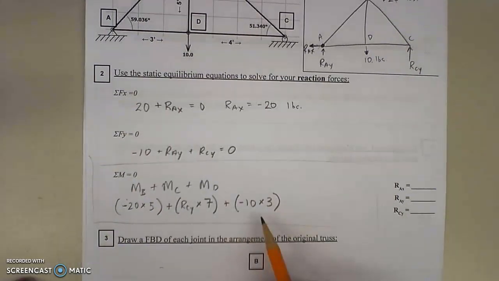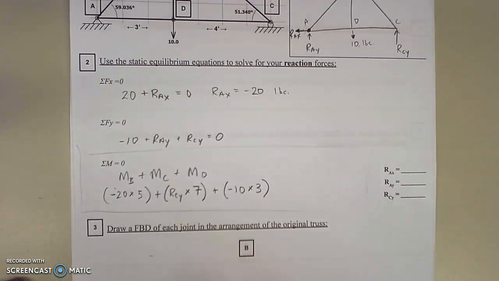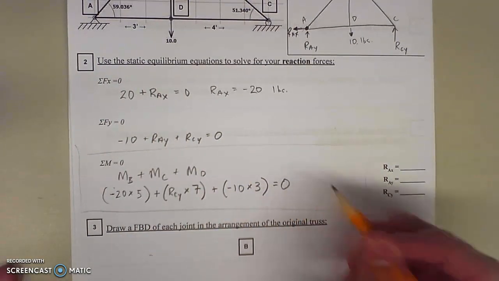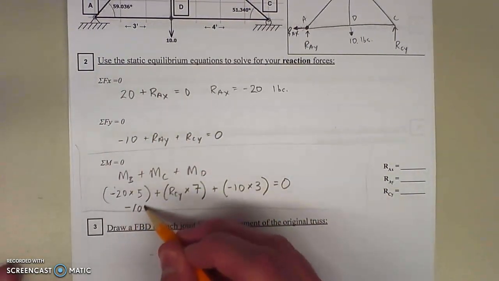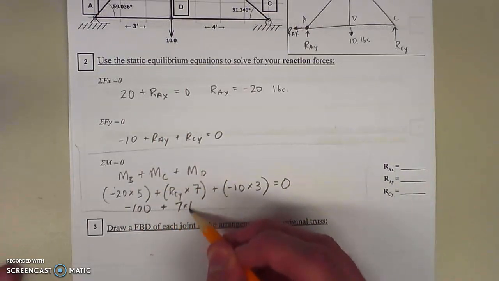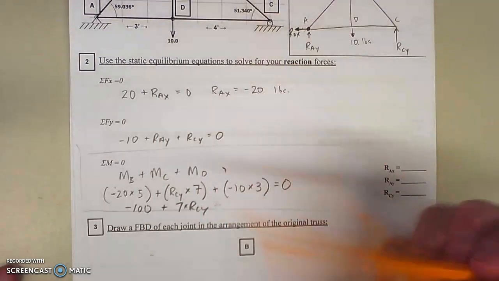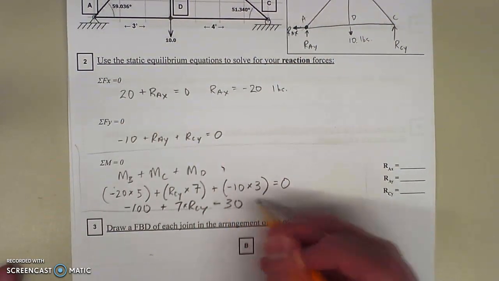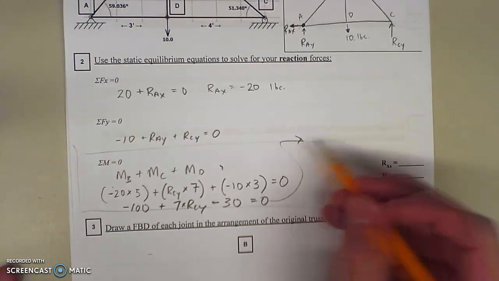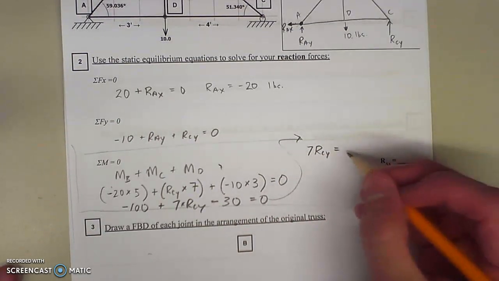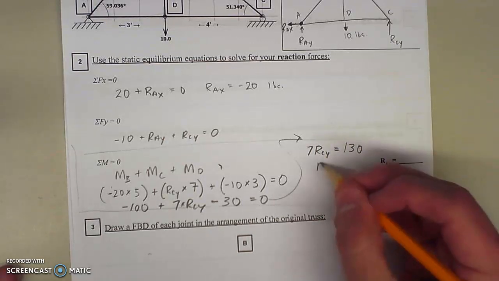All right, so sorry if you couldn't see that a little bit there. Hopefully it was in the frame. So all this is going to equal 0. So I end up with negative 100 plus 7 times RCY plus, let's keep that as minus 30 equals 0. So I draw that up here. I end up with 7 RCY equals 130.